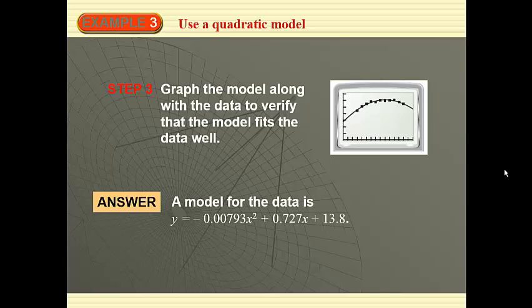Enter the equation that you have, which is negative 0.00793x squared plus 0.727x plus 13.8. And if you graph it, you will get the inverted U shape, which is concave down, and that is a quadratic function.